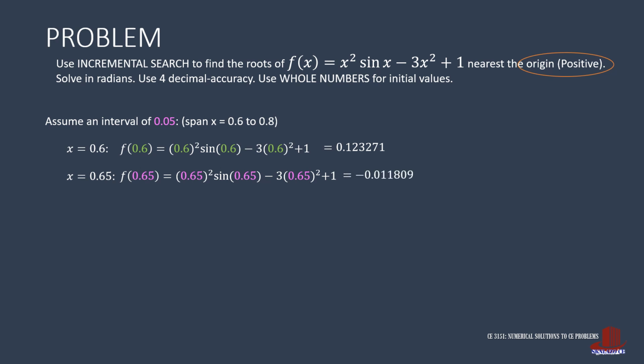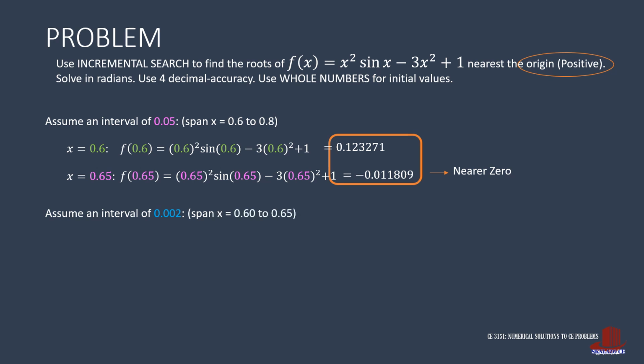And this gives negative 0.011809. With the sign jump, we can stop with the iteration using this increment, and we should use 0.65 as the next reference for a more detailed iteration.